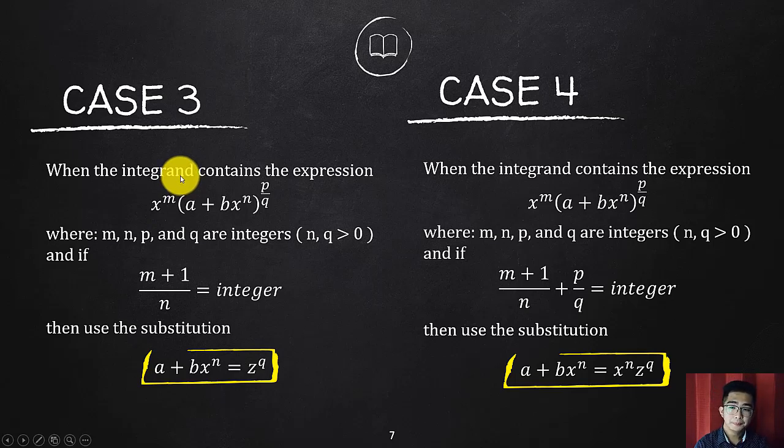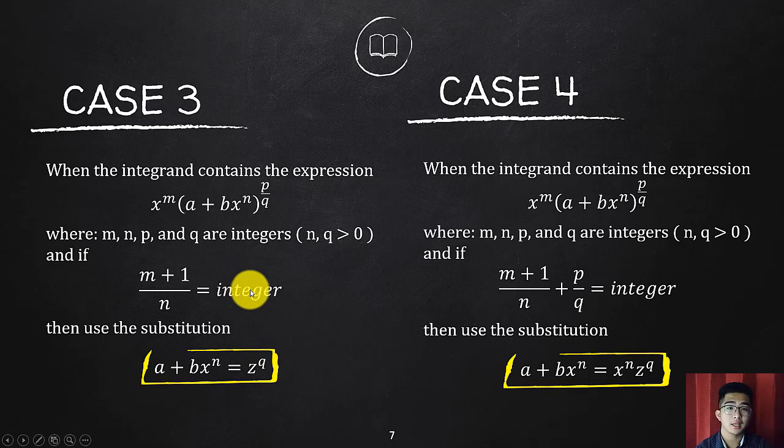When the problem contains this expression, x raised to m, times the quantity a plus b x raised to n, closed quantity raised to p over q, where m, n, p, and q are integers, and n and q are greater than 0, this is the condition for case 3: if m plus 1 over n is an integer.